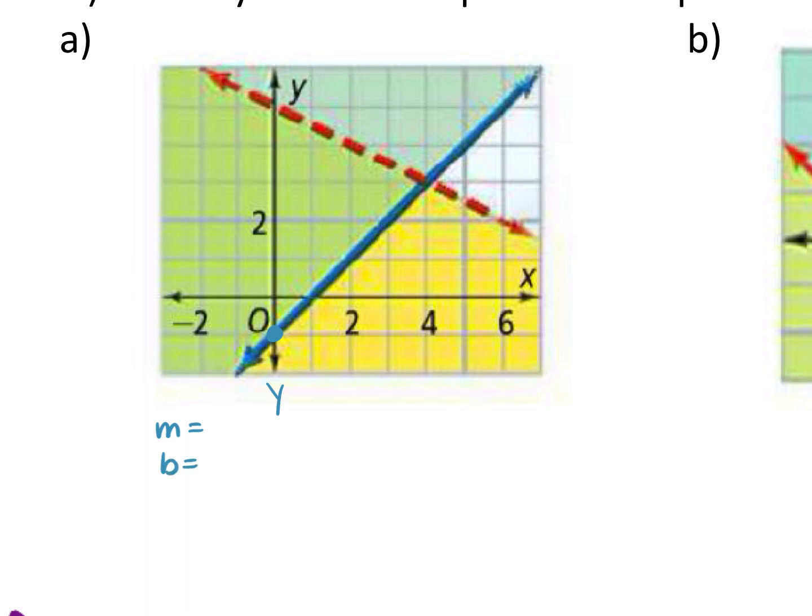M being your slope, b being your y-intercept. So your y-intercept right here is negative 1. Your m, your slope, is going to be up 1 over 1. So your slope is 1. So that inequality, if it was an equation, would be y equals 1x minus 1.